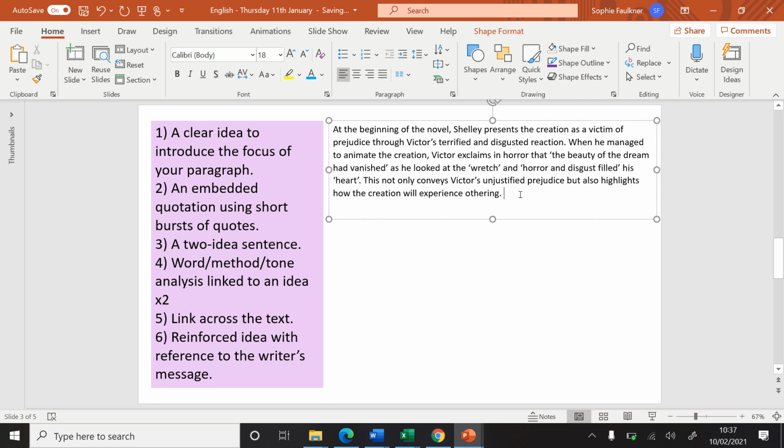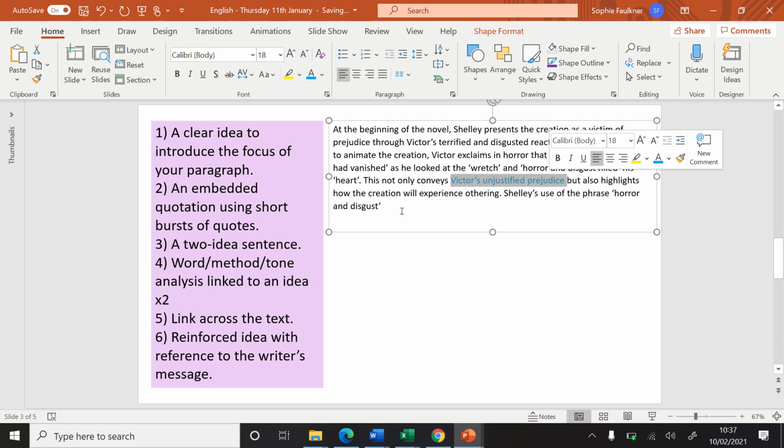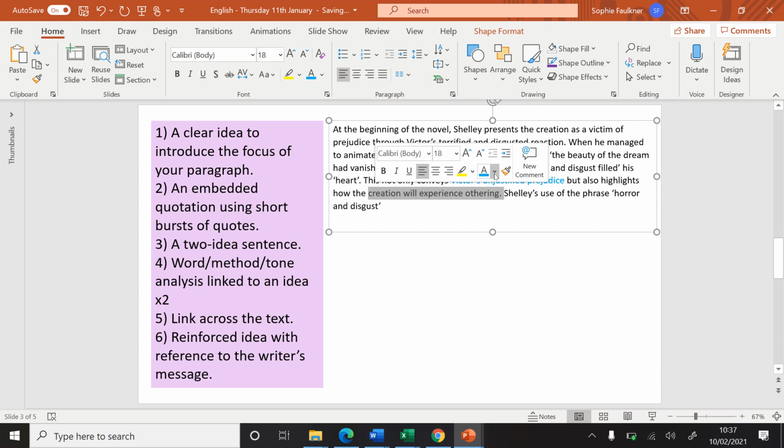So now I need to analyse word, method or tone. Let's look at the phrase. Shelley's use of the phrase horror and disgust, and now I need to link that to an idea. I've got the idea about Victor's unjustified prejudice, and the experience of othering or unfair treatment.